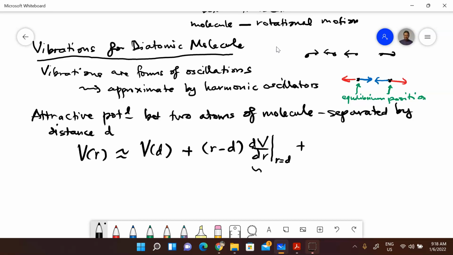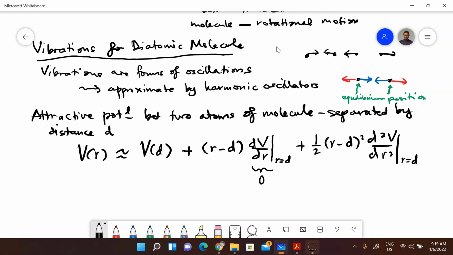So this will be 0, and then if you continue at least to second order, then you have (R minus D) squared d²V/dR², and then evaluate at the equilibrium position.